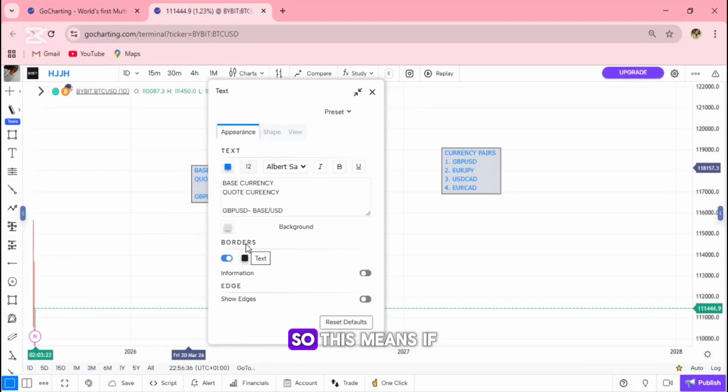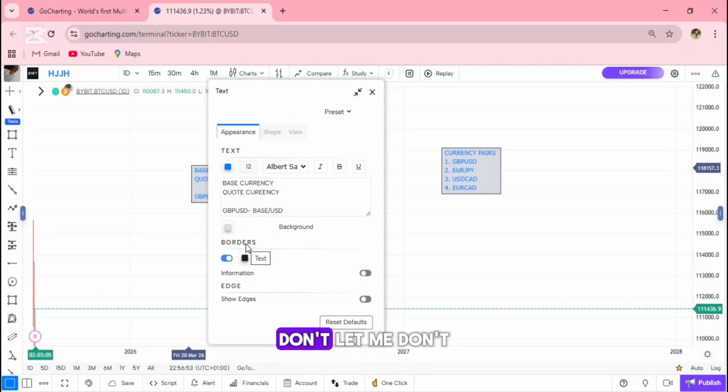Do you get? So this means if you are buying the base currency, at that moment you are buying GBP, automatically you are selling USD.